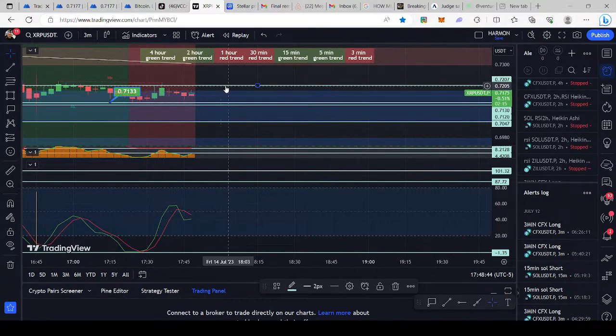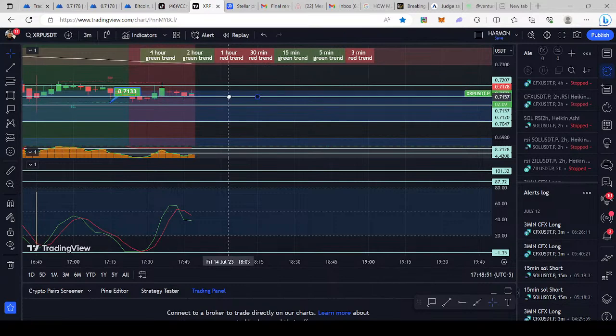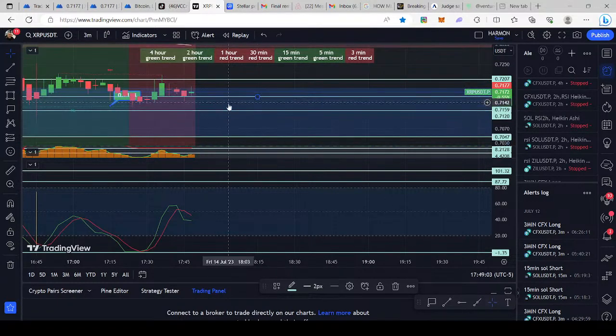So now I know that the next level I really need to be aware of here is that 71.59 area. So now I've got to let the 3-minute finish its move and then come back. The next time it pulls down, if it doesn't break below that, then I'm going to take my next purchase in here.